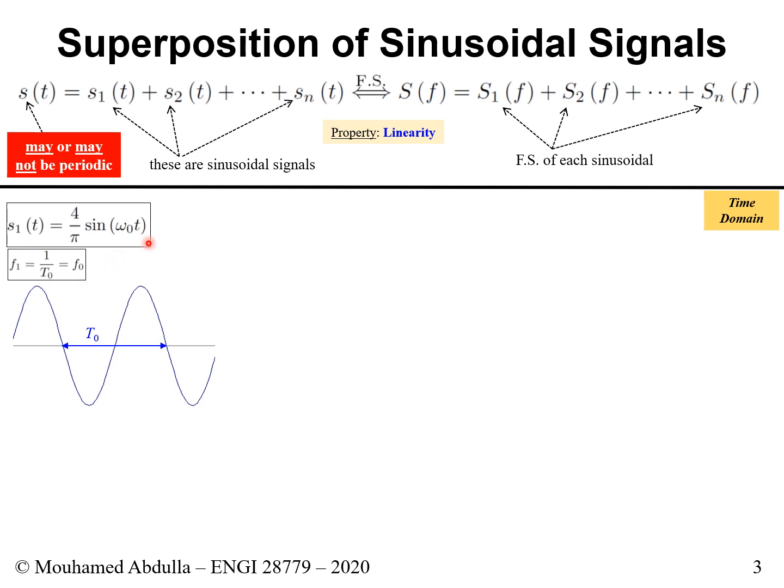In this case, it's just f naught because this is omega naught. So this signal here has this frequency f naught. The amplitude, in case you want to see where it is, is just the biggest peak, V peak, the largest peak value of the signal, which is 4 over pi, and this is 1.27.